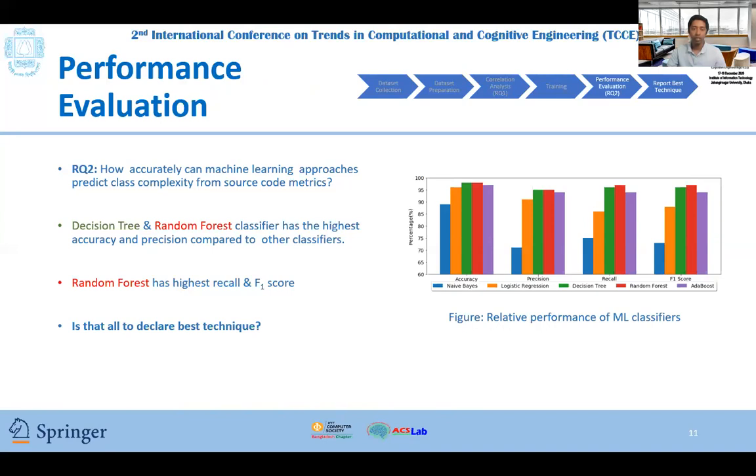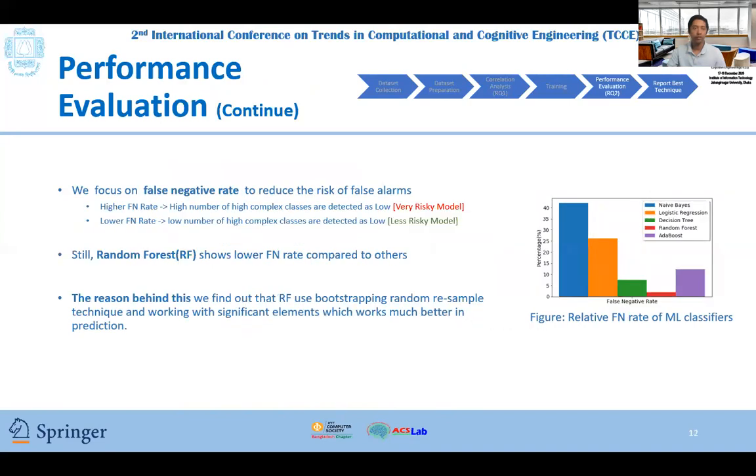Is that all to declare the best technique to predict software complexity? I think no. We have used another metric, called false negative rate, to reduce the risk of false alarms. So in our research, you can see a higher FN rate indicates that a high number of highly complex classes are detected as low, which is a very risky model.